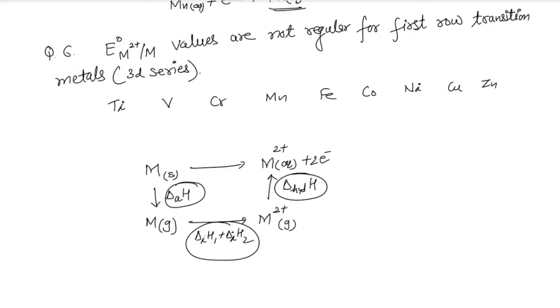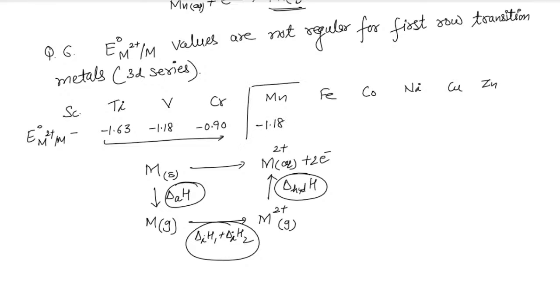For scandium, M2+ does not exist, so there is no need to write for scandium. But for titanium it is minus 1.63, for vanadium it is minus 1.18, data is given. Chromium it is minus 0.90. See, there is a decrease in negative value. But as we reach manganese, it becomes minus 1.18 volt.